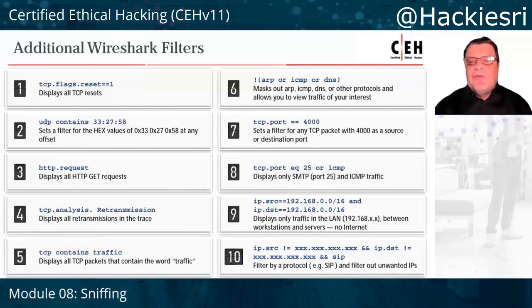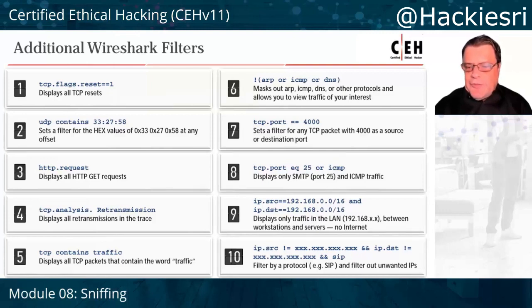This filter is the one you really end up using a lot, and it's very, very useful because, again, you could surgically fine-tune exactly what traffic you're going to be scanning. Seven, you could set a filter to any TCP packet with 4,000 as a source or destination port, for example, or 5,000 or whatnot. Or you can display only SMTP port 25 and ICMP traffic as shown in that command.